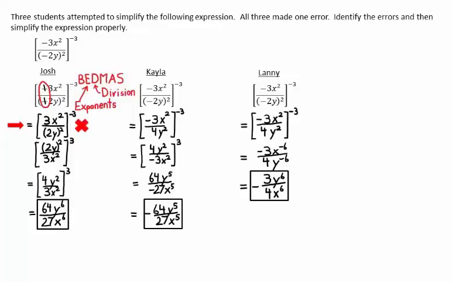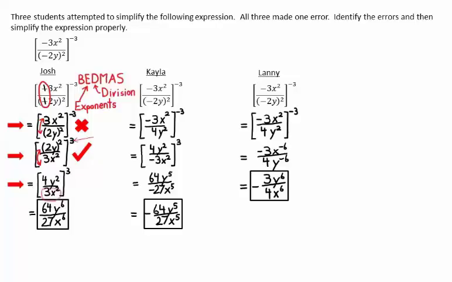Let's consider the other steps. In his second step, he removed the negative from the exponent and took the reciprocal of what's inside the brackets. Nothing wrong with that step. For his third step, he took 2y and raised it to the power 2, giving 4y squared.